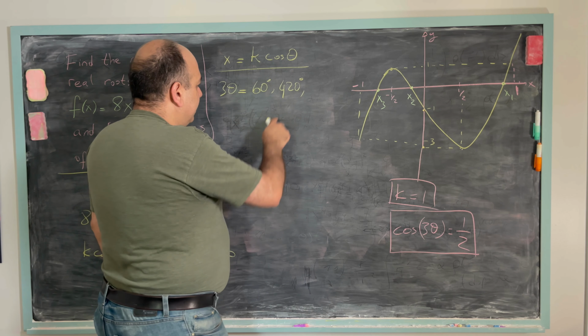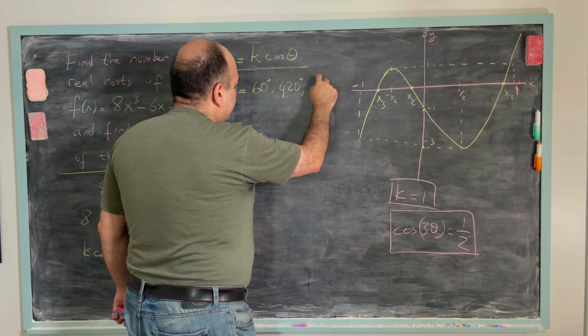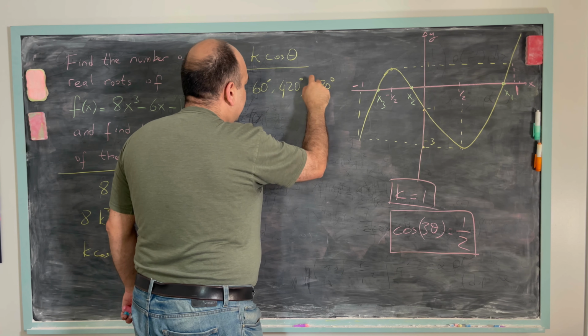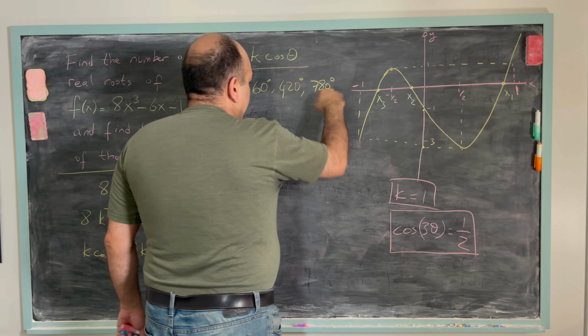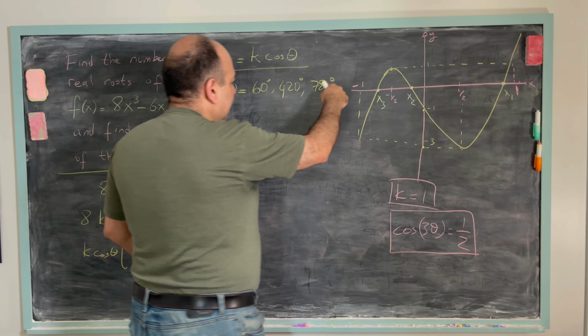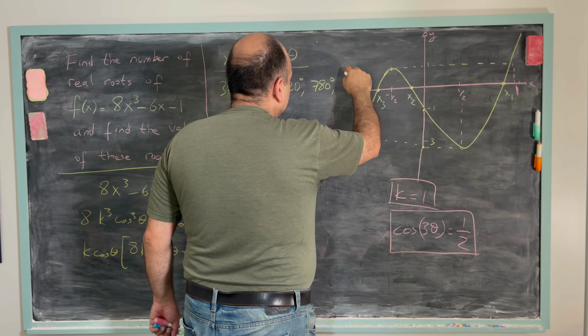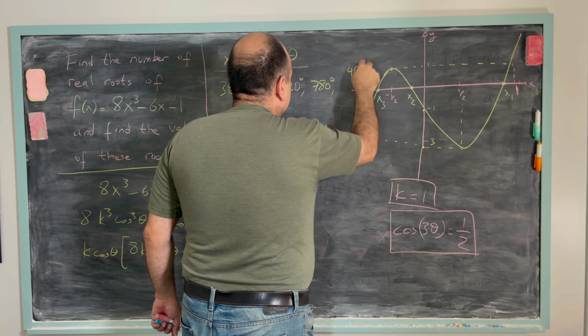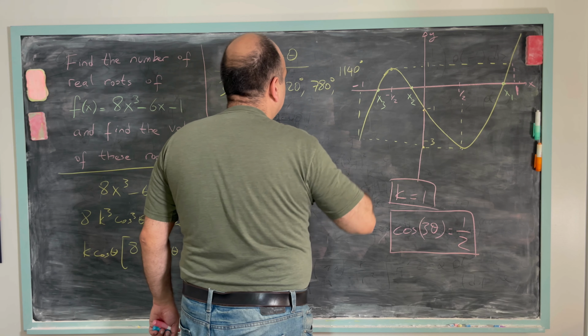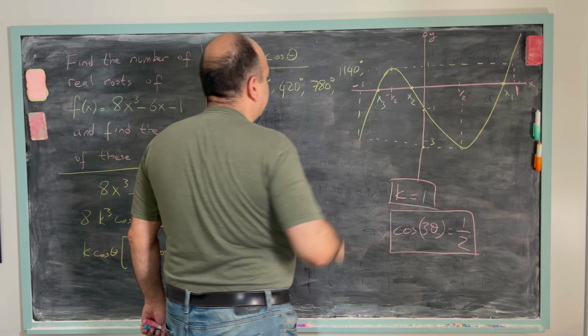So if we add 360 more, this is going to be 780. You may give it a try. If you add 360 more, so 2 pi rotations, this is going to be 1140. So it goes on like that.